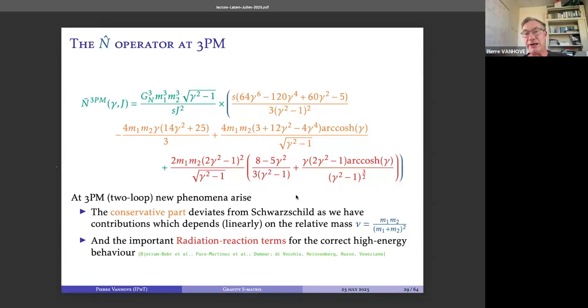If you don't include them correctly, you will not reproduce this high-energy behavior correctly. It is a very nice and strong confirmation that these techniques of computing the amplitude the way I've described, using scattering amplitudes, taking the classical limit, and using dim-reg to control the infrared divergences that you have because of massless particles propagating, get the right answer.